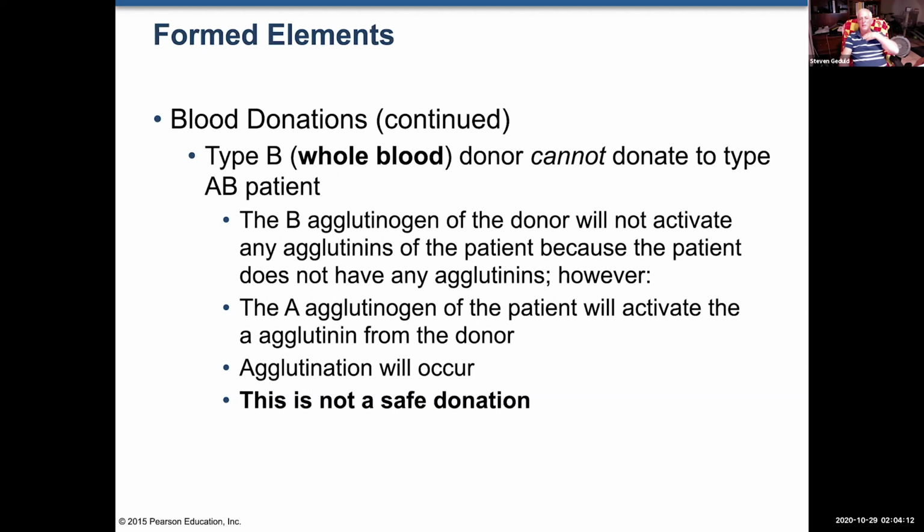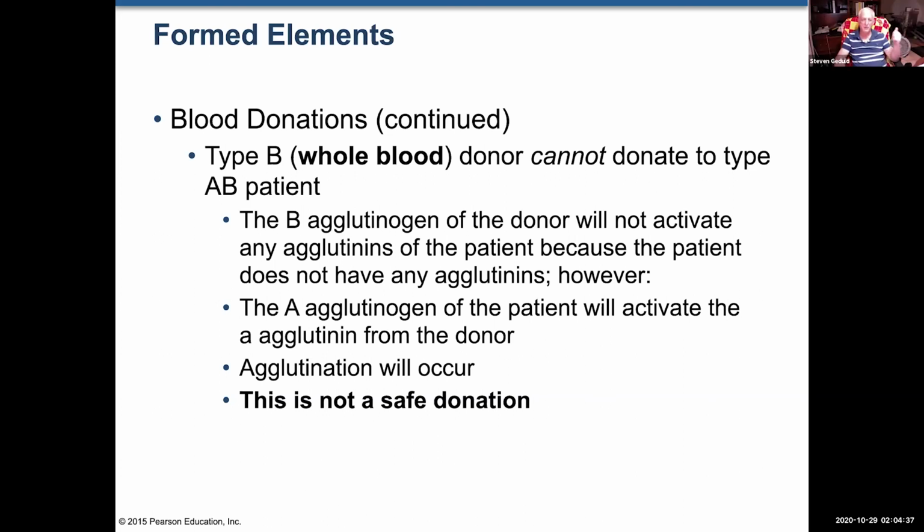Type B whole blood cannot donate to a type AB patient. Okay, again, you have a patient that's AB. So what kind of antibodies are circulating in their plasma? What kind of antibodies does an AB patient have that's in your ER? None. Perfect. It has none. Okay. Now you're giving them B whole blood.